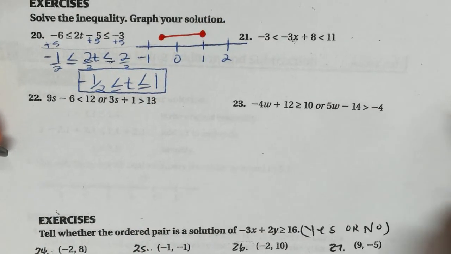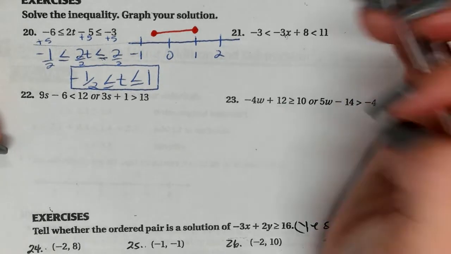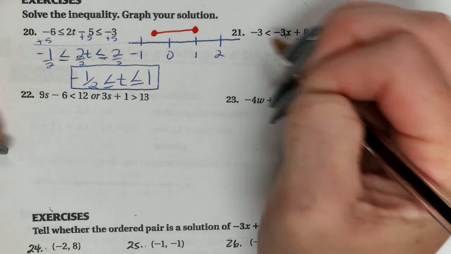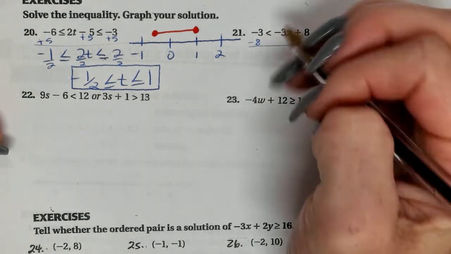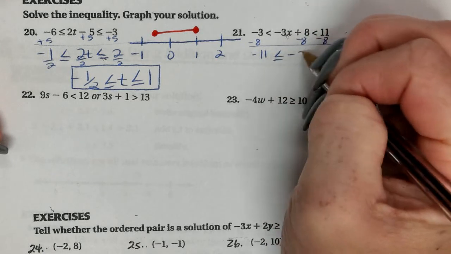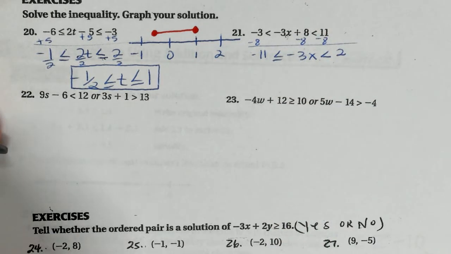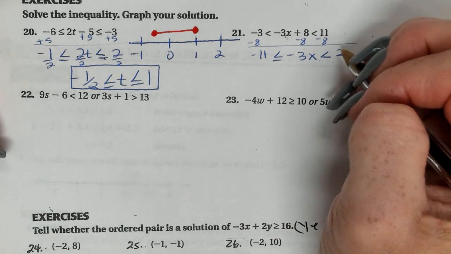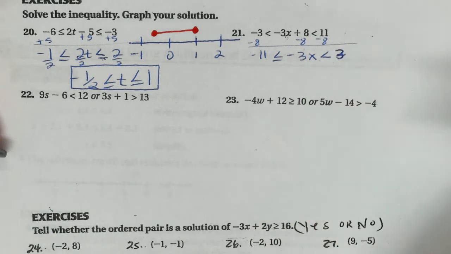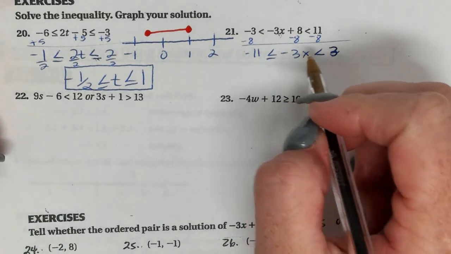Are we good? All right, this one. I'm going to subtract 8 on both sides. I'm going to have negative 11 is less than or equal to negative 3x, which is less than 2. No, 3. Sorry, my math was off there. What's going to happen when I divide by a negative 3?